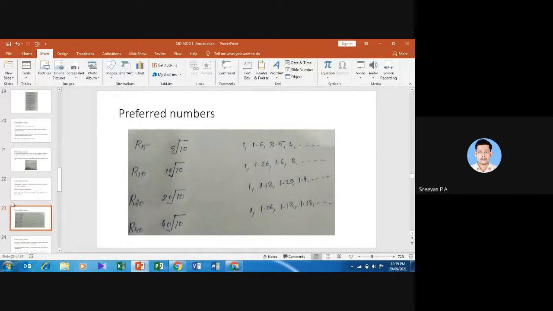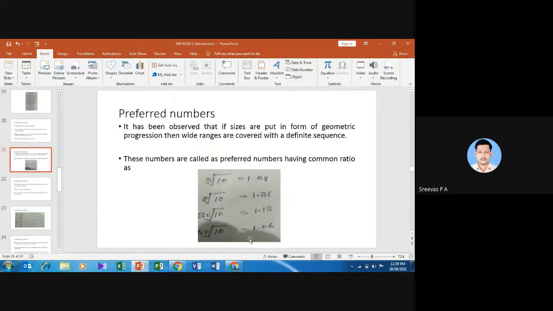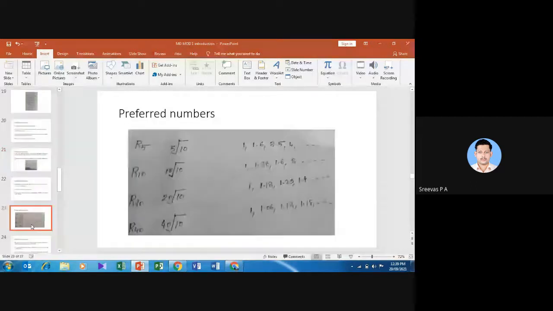We have obtained the common ratio as the 20th root of 10. So we multiply the first element with the common ratio. We get 1.12, then 1.25. It moves on. Similarly, in case of R40 series also, the first term is unity, then 1.06, then 1.12, 1.18. It moves like that.